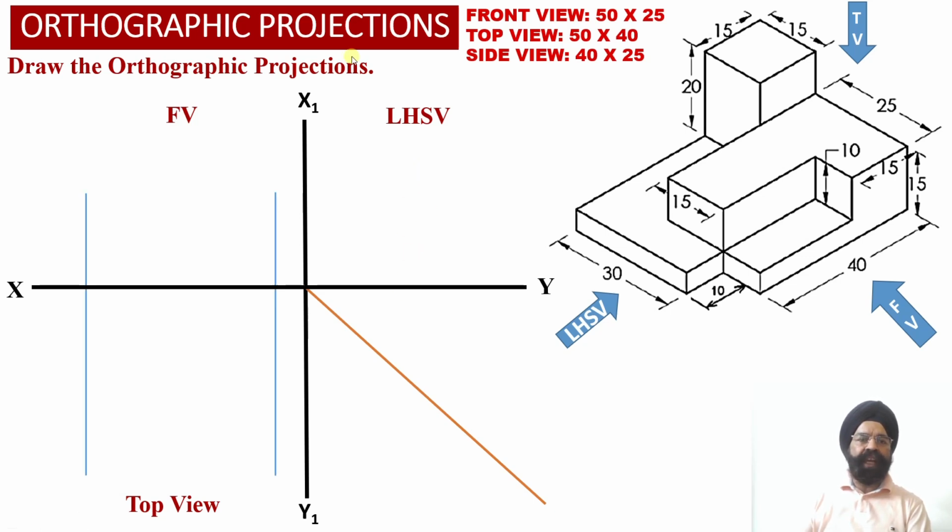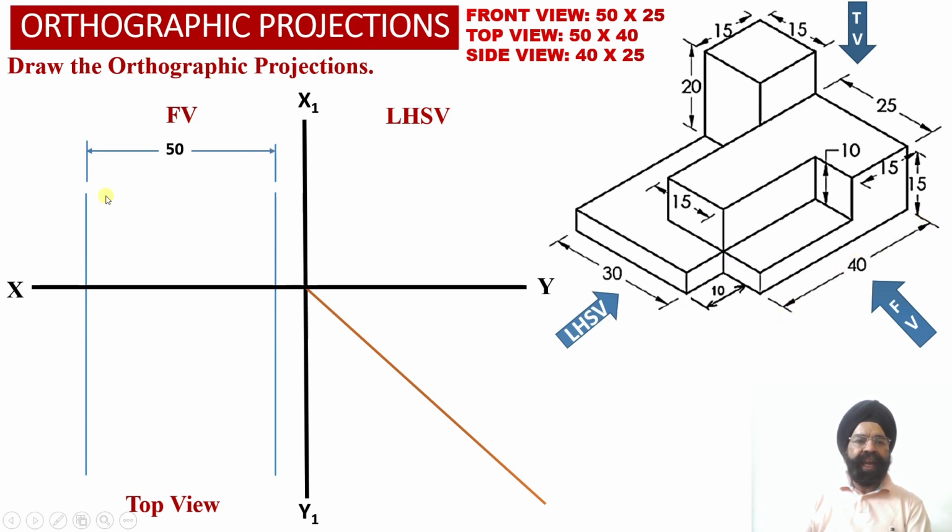Now let us obtain the front view face of the solid in the orthographic projections. So we know that the dimensions of the front view face are 50 millimeter width of the solid and 25 millimeter height of the solid. Now here we have drawn two vertical projector lines which are separated by a distance equal to 50 millimeter, which is equal to the width of the solid.